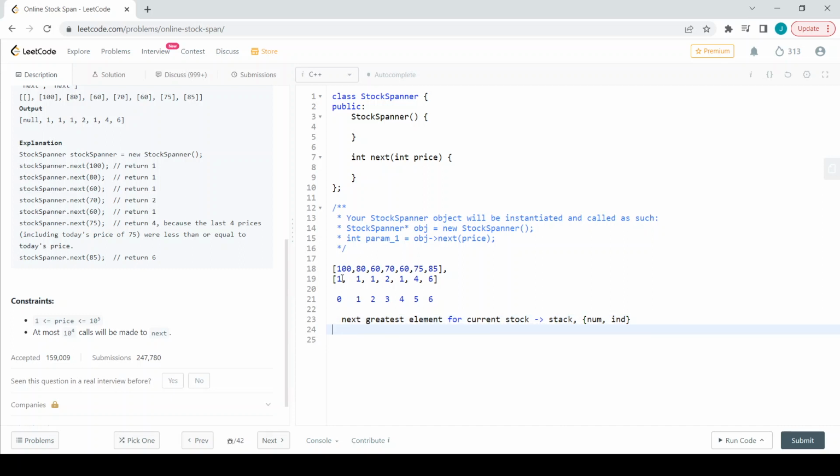What if the stack is empty? Consider we are at this index, and we are having the 100.